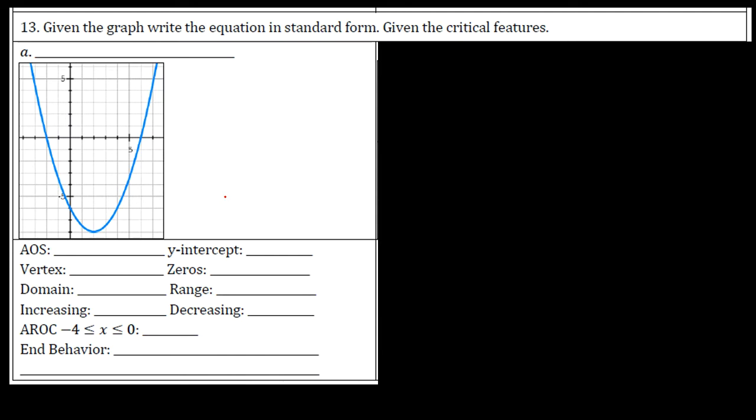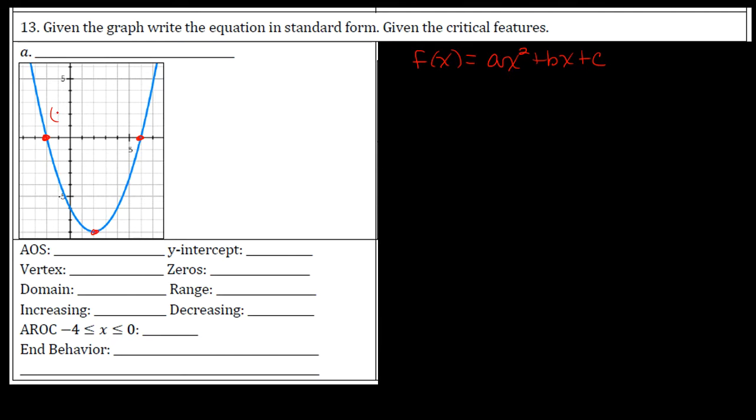Okay, here we're given a graph and we're going to write the equation in standard form. So again, standard form. I'm not going to go directly from standard form because I don't want to use a function table. Because my roots or my vertex are easily seen, I'm going to do factored form.